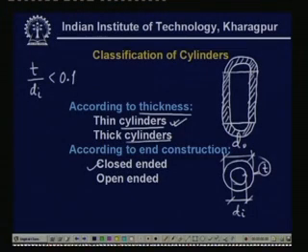Various examples are boilers, and pressure vessels which you normally see in a chemical factory, which contain high pressurized liquid. So, these are to be closed ended. Then there are open ended cylinders. When these ends are not present, we call it an open ended cylinder, and the examples are the cylinders used in the IC engine, the piston cylinder assembly. The cylinder is normally an open ended cylinder. So, here we are going to discuss thin cylinders.